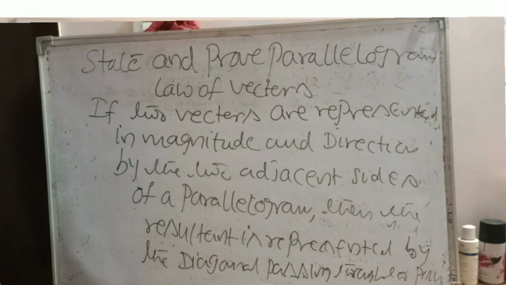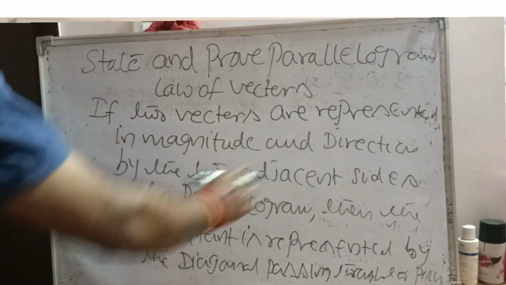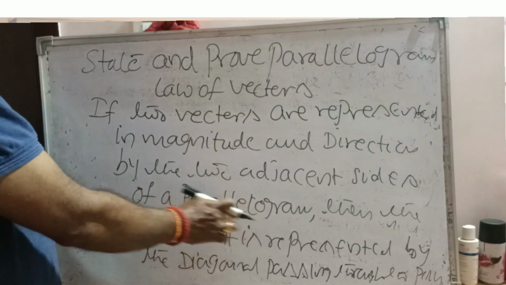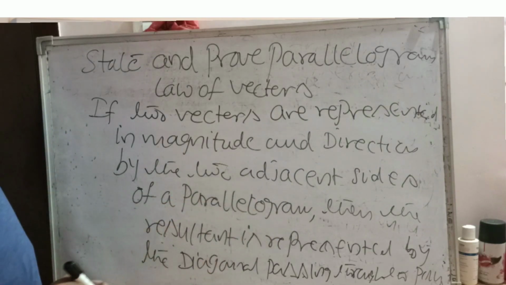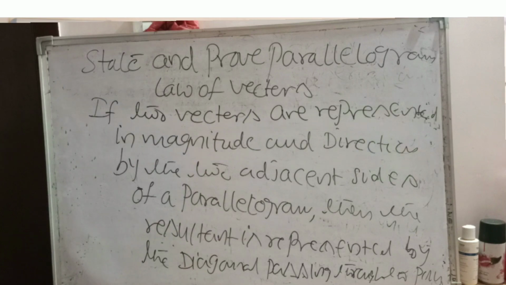This is the parallelogram law of vectors. If two vectors are represented in magnitude and direction by the two adjacent sides of a parallelogram, then the resultant is represented by the diagonal passing through the same point.